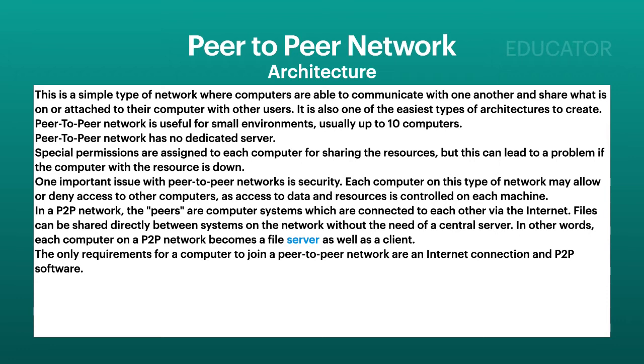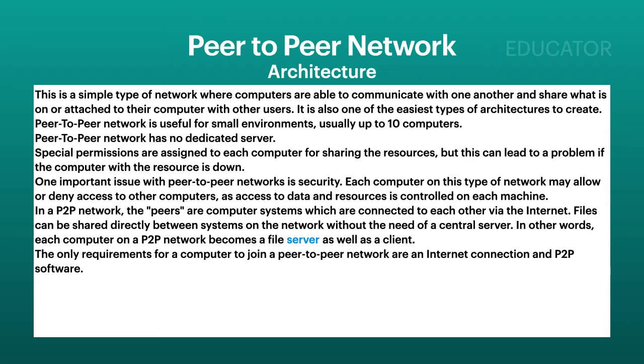But the problem is that if one node is down, we can't communicate with that node. The other issue is security, because I can get access to all 10 systems from my system. For security purposes, it is a wrong network. But where we have a simple file accessing system or simple transmission of media, we can use it.